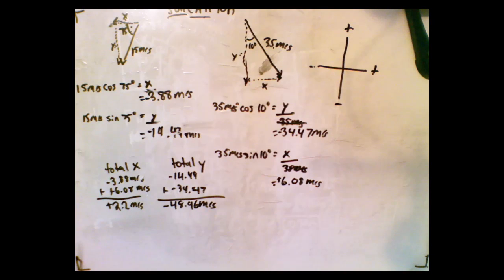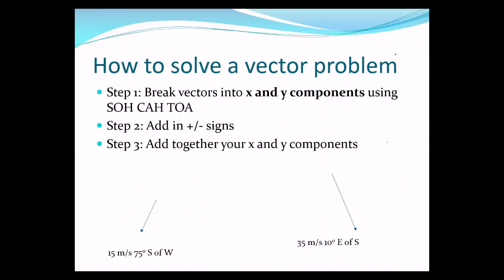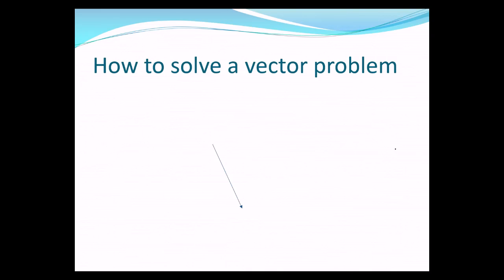So to show you why we do this, I have a little animation here that I made. So these are two original vectors, and then this is my resultant vector. So what we did first is we found the x component of our one and the x component of the other.